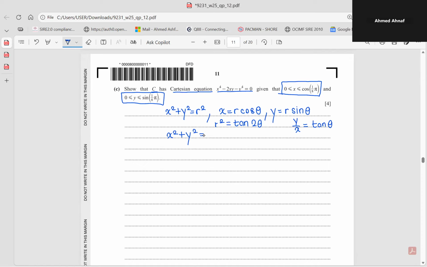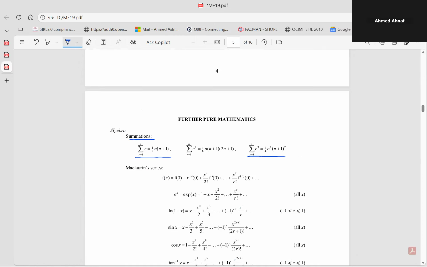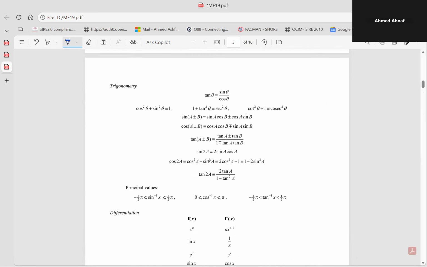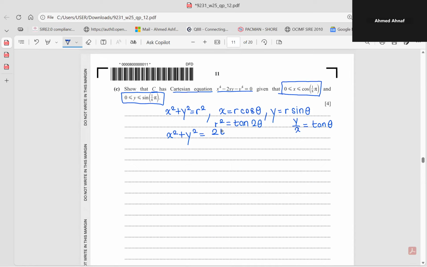To change tangent 2 theta, go to MF19 under trigonometry: tangent 2A is 2 tangent A over 1 minus tangent squared A. So this is 2 tangent theta over 1 minus tangent squared theta. Two tangent theta is 2y over x, and tangent squared theta is y squared over x squared.